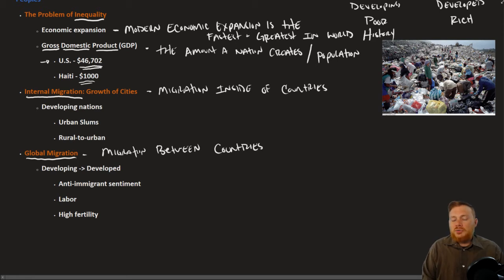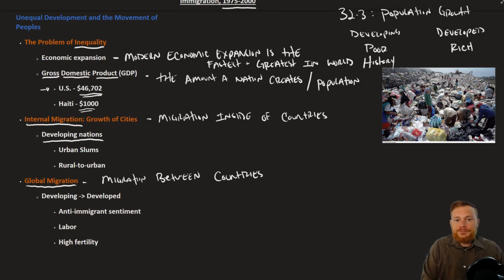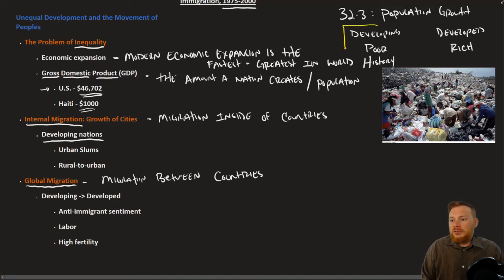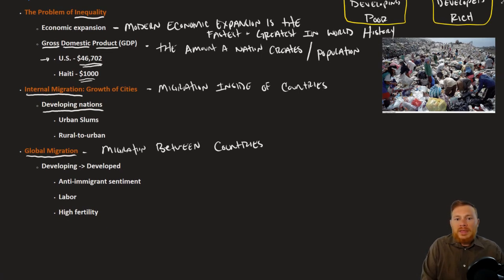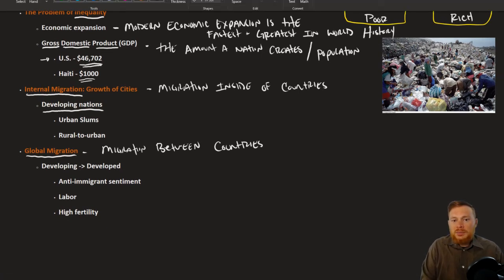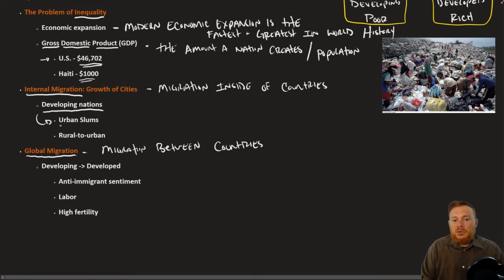In terms of internal migration, the most intense is being experienced in the developing nations. Again, using our point of reference here, generally countries that are not as well off. Even though it's true that in some of these nations there has been the fast and rapid growth of urban slums, which you might see illustrated here, generally speaking, the cities offer economic opportunity, right?